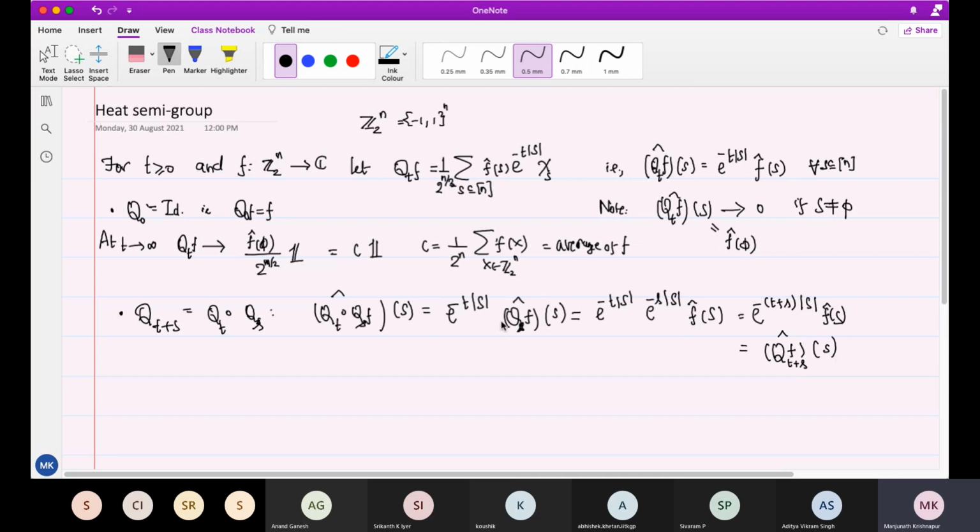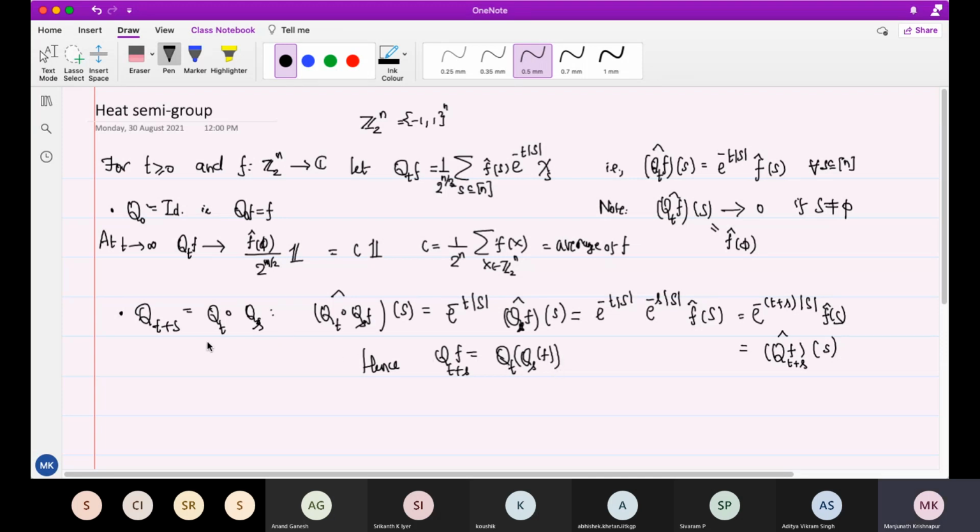So these are two functions whose Fourier coefficients are the same. Hence, they are equal, so this is the semigroup property.